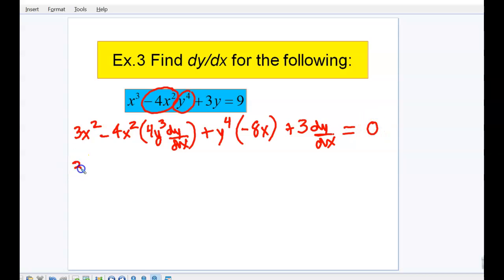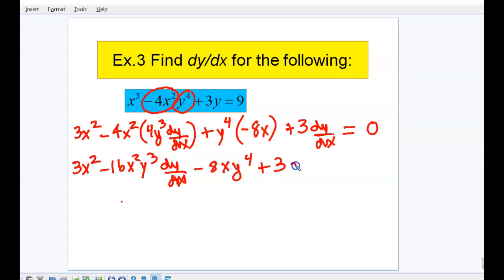So let's clean this up a little bit. So I get 3x squared, negative 4 times positive 4 is going to be negative 16x squared y cubed dy dx. Negative 8 times 1 is going to be negative 8xy to the fourth plus 3 dy dx.